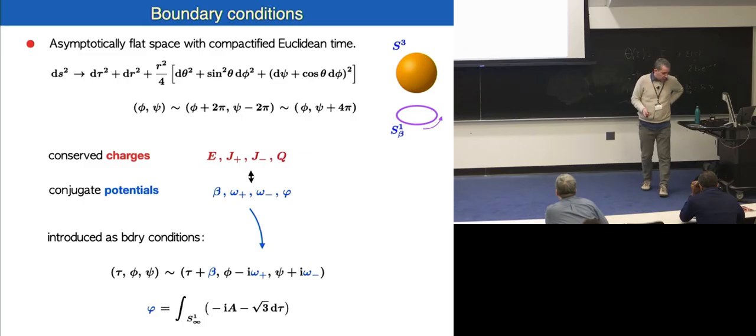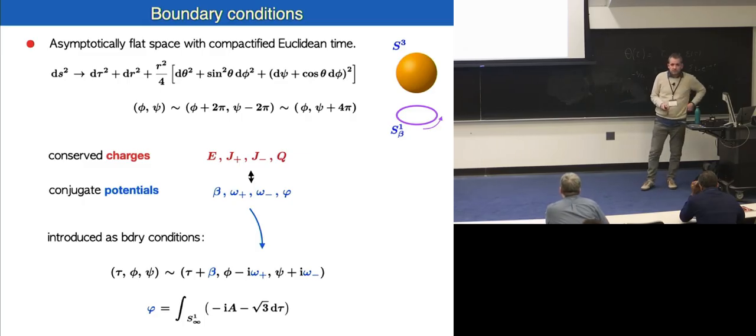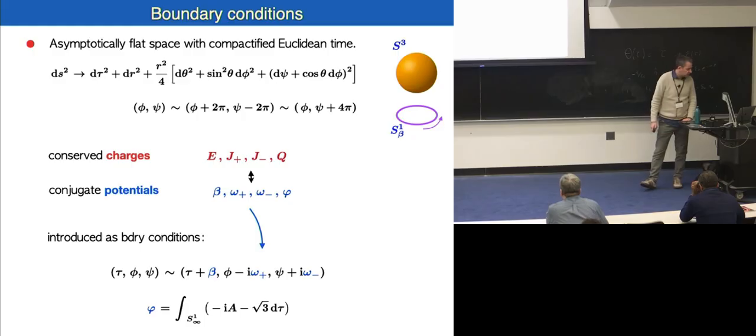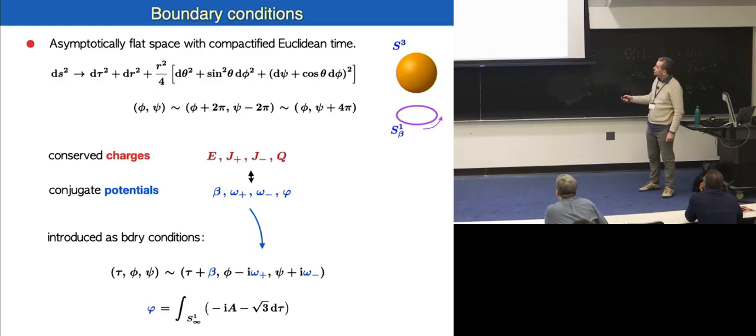So in order to define these grand canonical boundary conditions, let me show how we can introduce these chemical potentials. And in order to do so, this slide will also be helpful to fix the notation that I will use for the rest of the talk. So I will consider asymptotically flat space with compactified Euclidean time. And so the asymptotic metric will take this form. This is just the asymptotic metric.